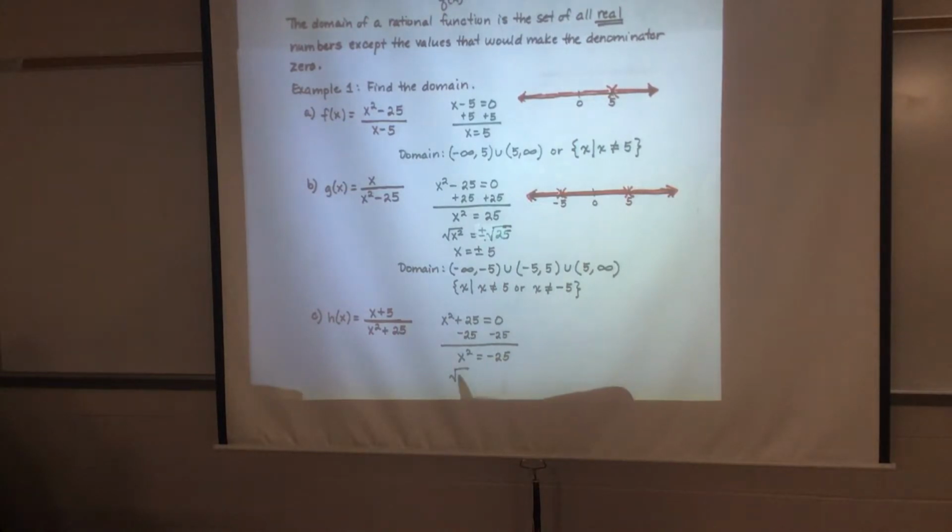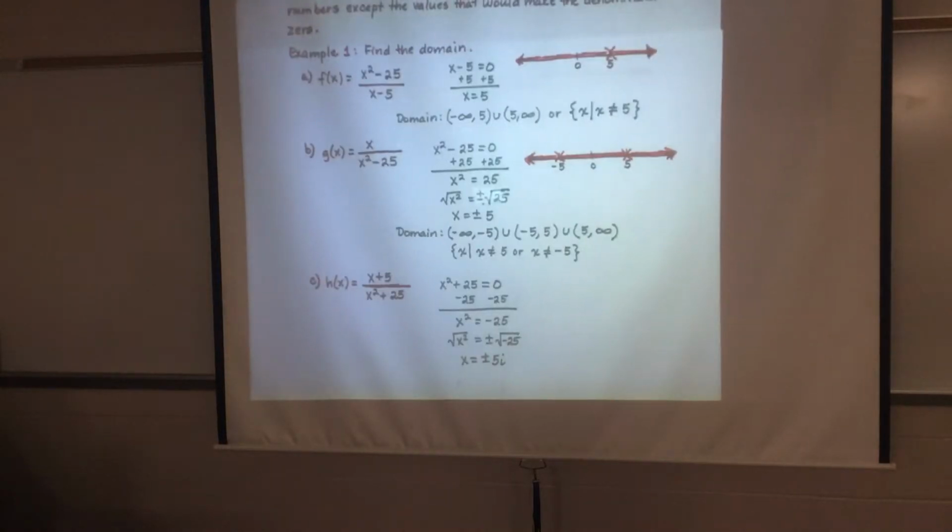And then if I take the square root on both sides, I don't want to forget that plus or minus symbol like I did in the last example. I have x is equal to plus or minus the square root of 25, that would be 5. But the square root of negative 1 is i. So here I got 5i and negative 5i.